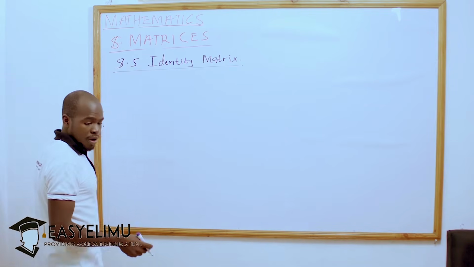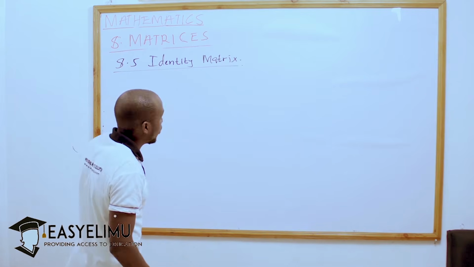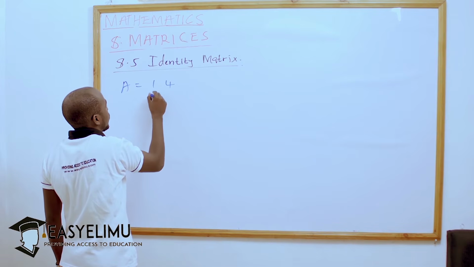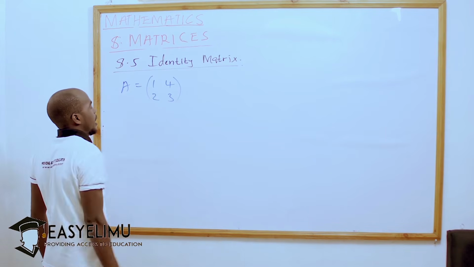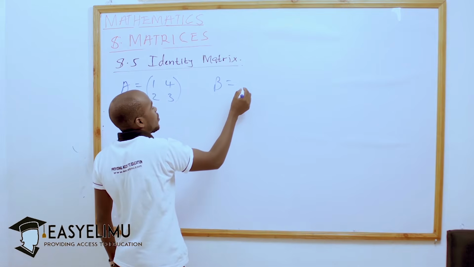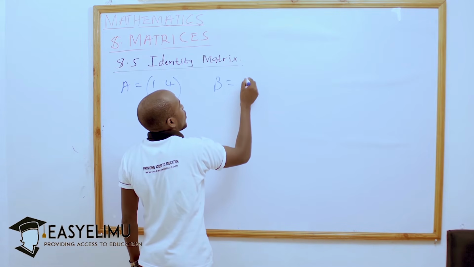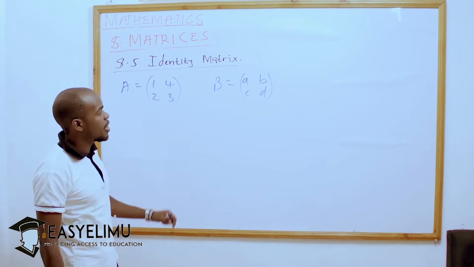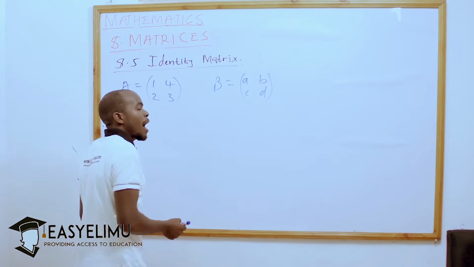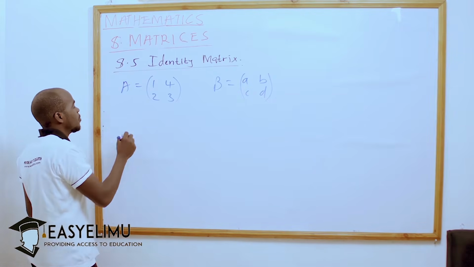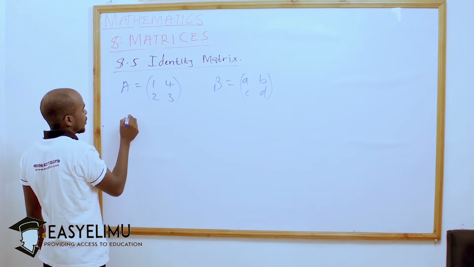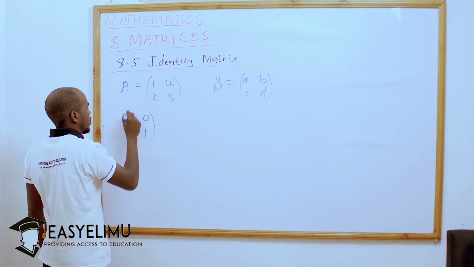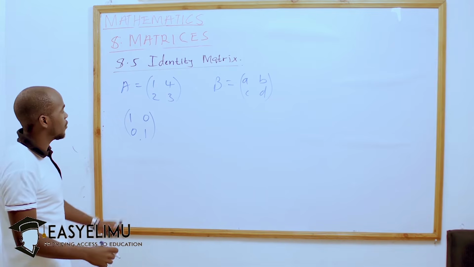For example, we may have A equals 1, 4, 2, 3, and B may be equal to A, B, C, D, and you are told to pre-multiply each of them with a matrix of 1, 0, 0, 1.